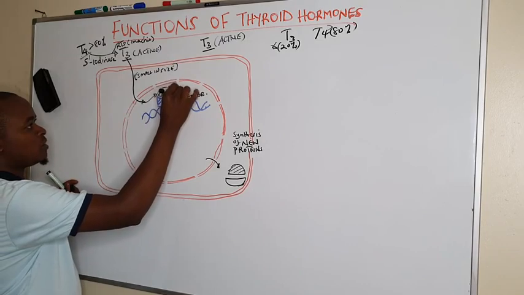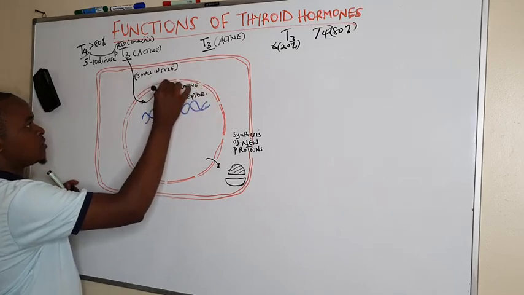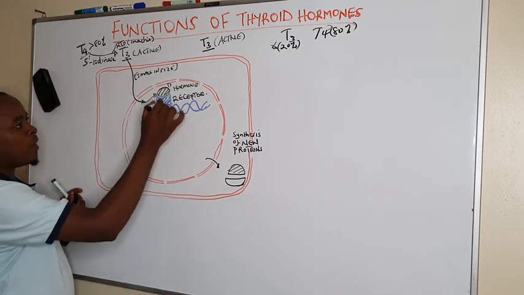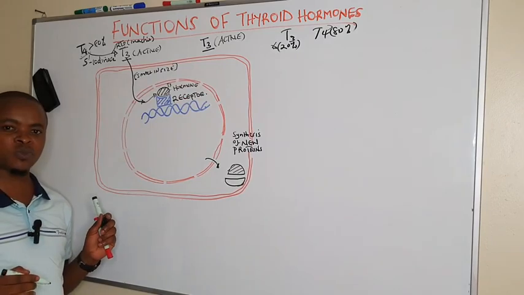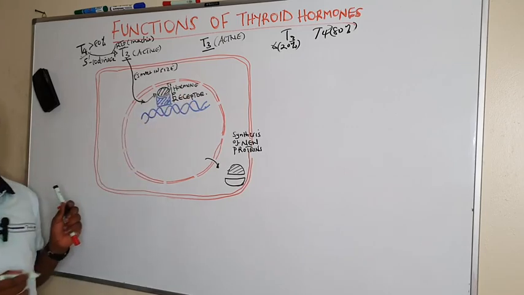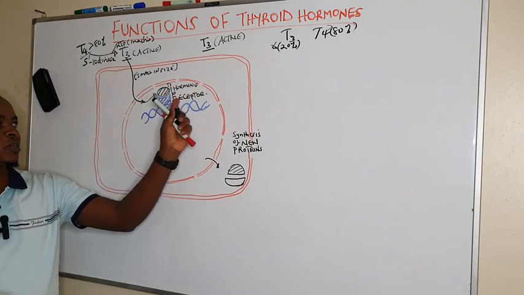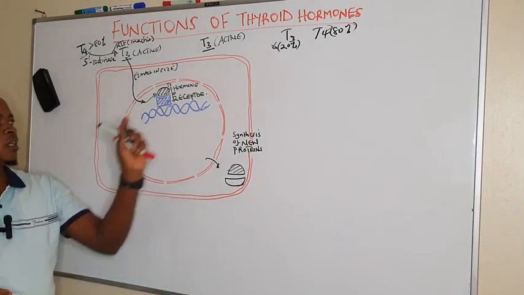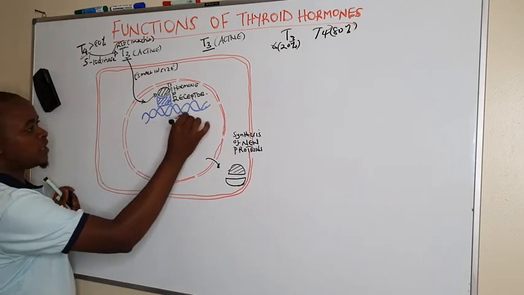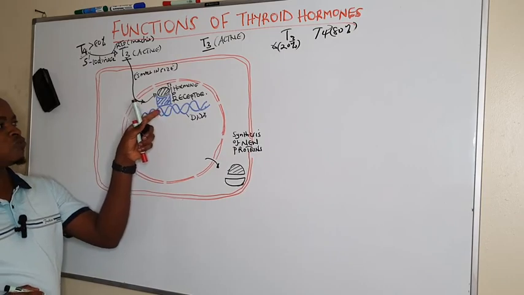This hormone is T3. This T3 receptor complex is going to command the DNA of the cell, so it is going to command transcription.